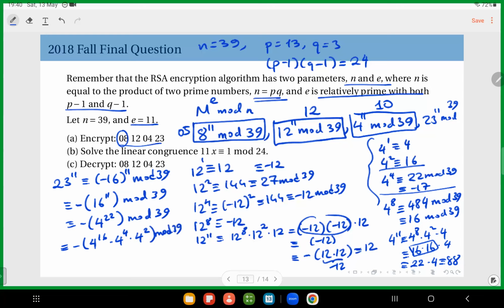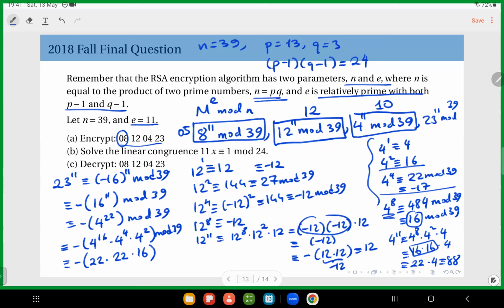So 4 to the power 16 is the square of 4 to the power 8, and we have already seen that the square of 16 under modulo 39 is 22. So this would be 22. 4 to the power 4 is also 22. And then I have another 16 here.